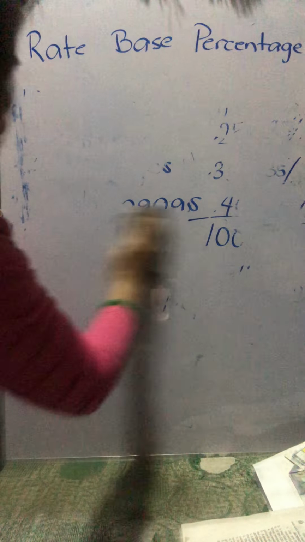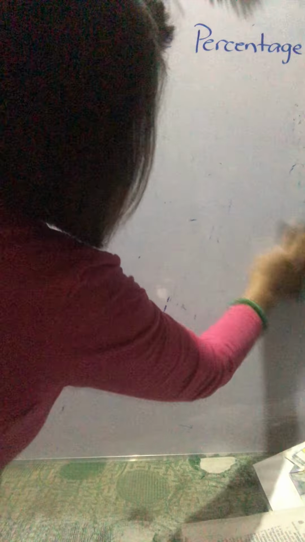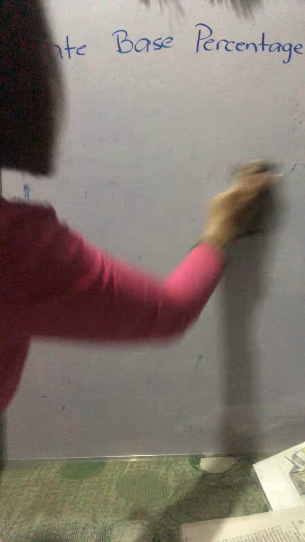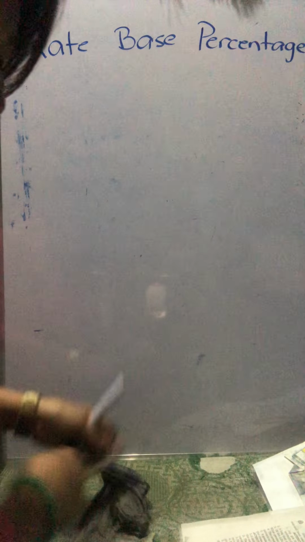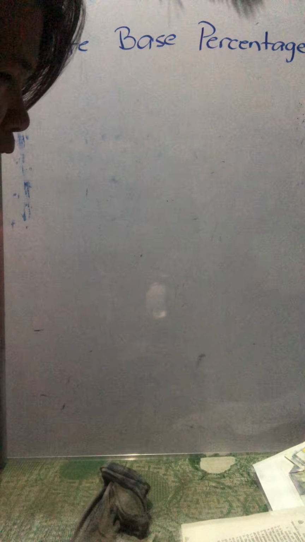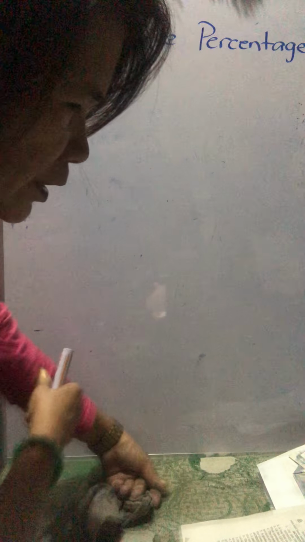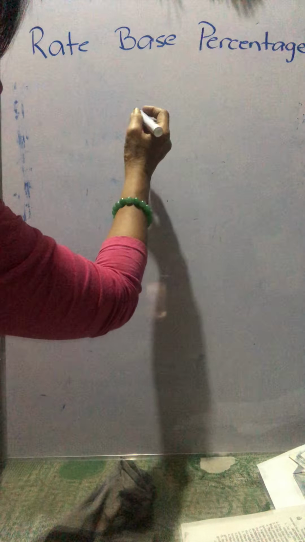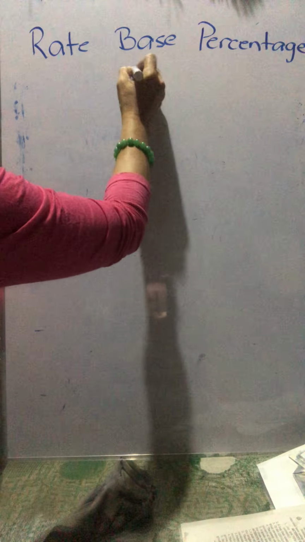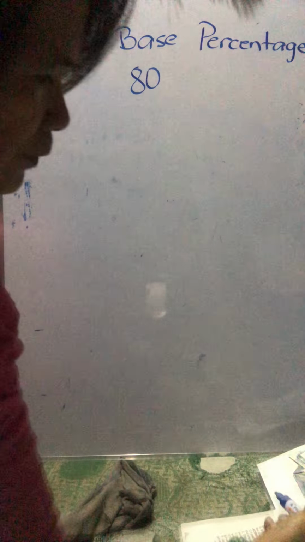Okay? So, tingnan natin. Para na mas maintindihan nyo pa, ha? Kasi, dugtong-dugtong na yan. Okay? So, meron kayo dyan, the rate is, the base, okay? The base is 80. Okay?